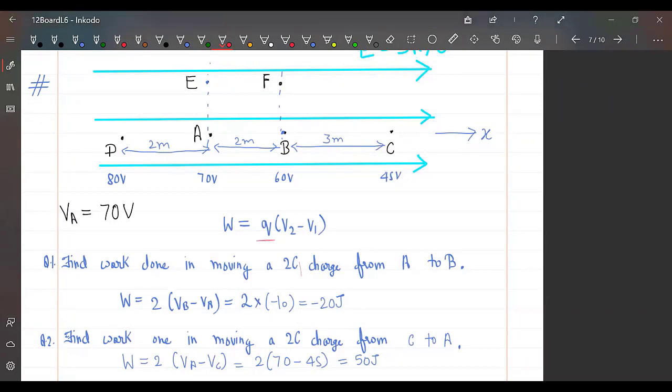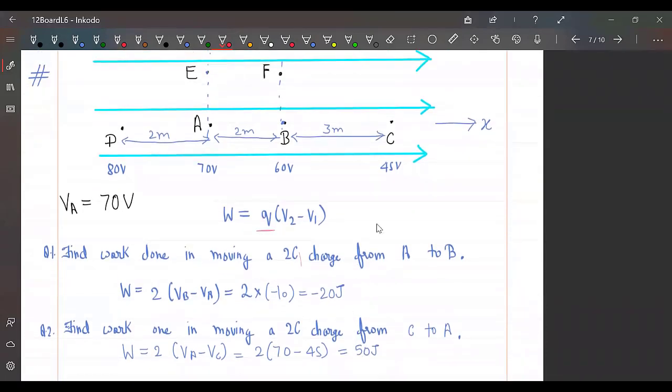Final point is A, initial point is C. 70 minus 45, that will be 50 joules. Like this, we can find work done in moving a point charge if the potential is given.